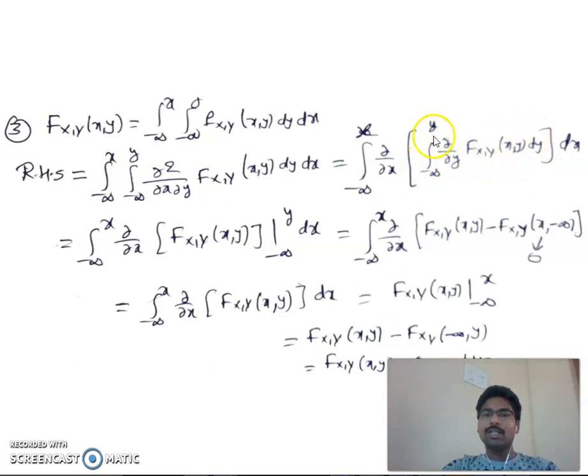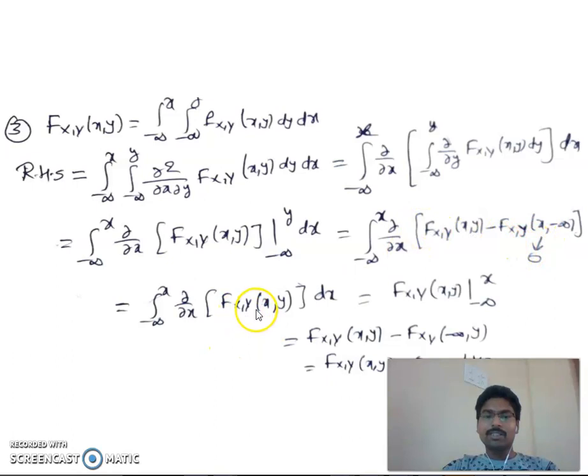That is, we have to substitute the limits y and minus infinity in the place of y, because we are integrating with respect to y here. So that is F_X,Y(x, y) minus F_X,Y(x, minus infinity). Here F_X,Y(x, minus infinity) is 0, you know this one.